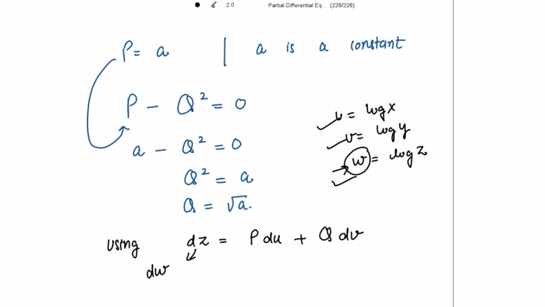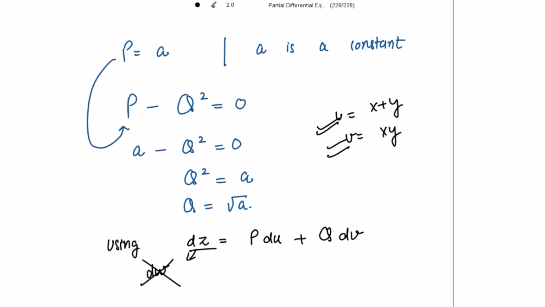That is why we have to use dw to be equal to p du plus q dv. But here I have considered only the 2 variables, u to be x plus y and v to be xy, only 2 variables. So for that there is no need to write dw, just write dz only, right? For 3 variables we write here dw. Now putting the value of p over here, this is dz. What is p? It is a always, plus q is square root a dv.